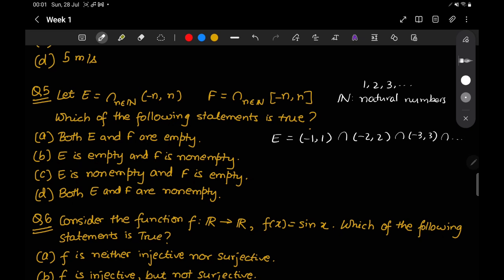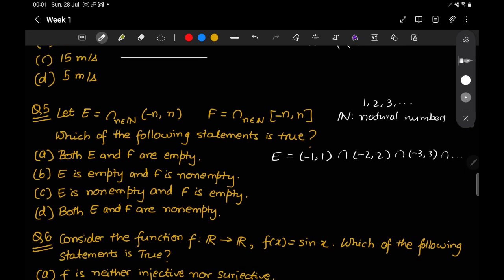Now you can clearly see that minus 1 to 1 is a subset of, and not equal, a strict subset of minus 2 to 2, which is a strict subset of minus 3 to 3, and so on and so forth.